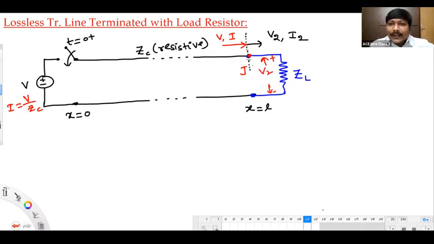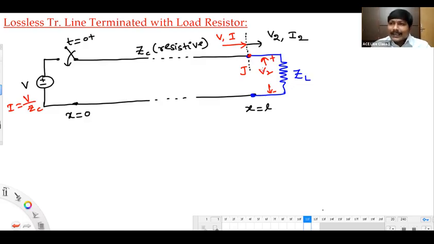Then what should happen to voltage on the transmission line? Will it be V or V2? Definitely modified to V2. Following all of you? Right. Definitely this voltage will be modified to V2 because of the resultant voltage we are getting.